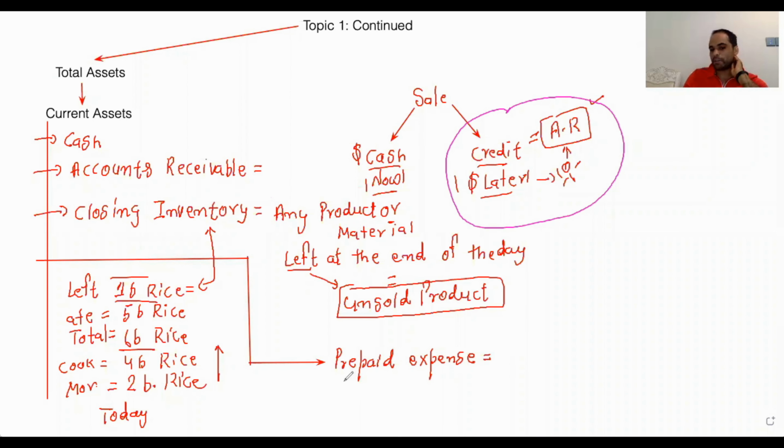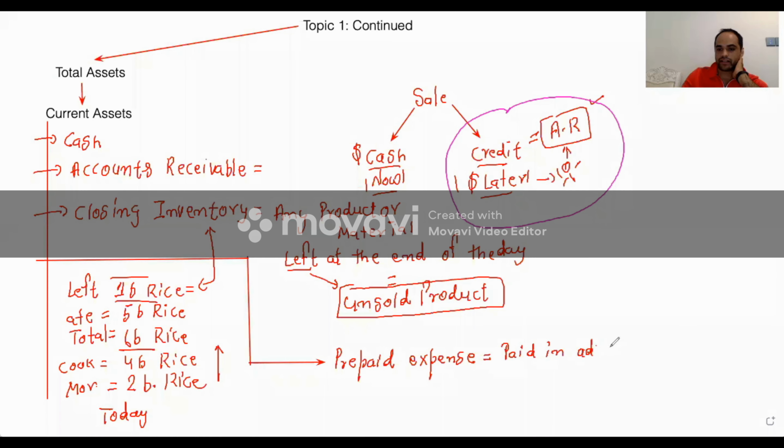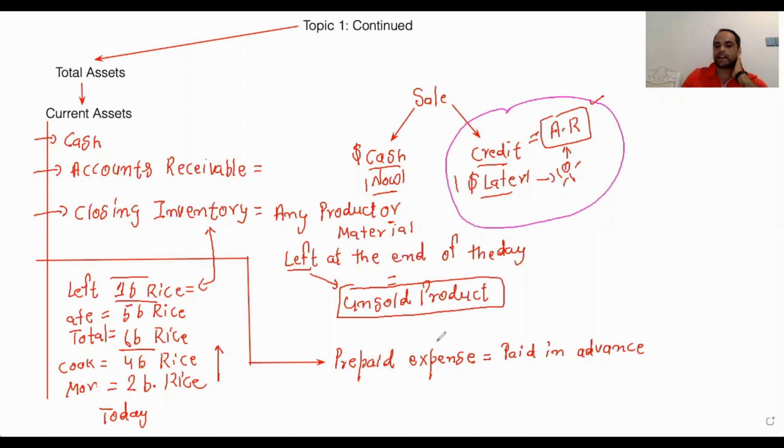As you can see from the name, prepaid means any kind of expense that you paid in advance. Any expense that you paid in advance becomes your prepaid expense. That becomes your asset, a current asset.